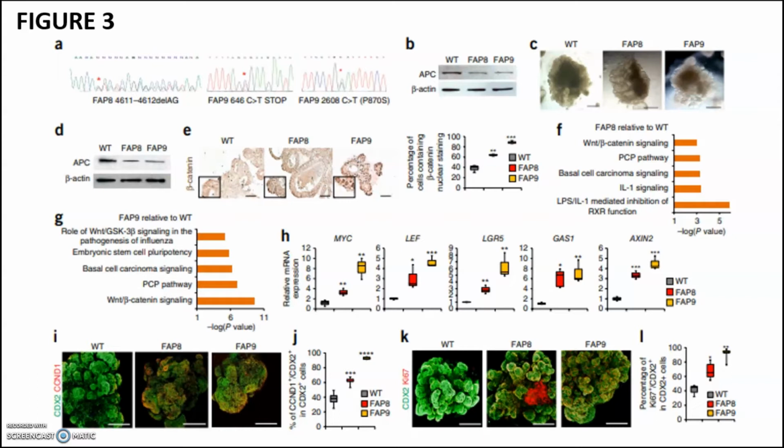We'll just get into the figures now to fully elaborate on FAP8 and FAP9 and how Crespo et al. derived the colonic organoids. So in figure 3A, we see FAP8 and FAP9, and Crespo et al. confirmed the presence of the mutated alleles by genomic DNA sequencing.